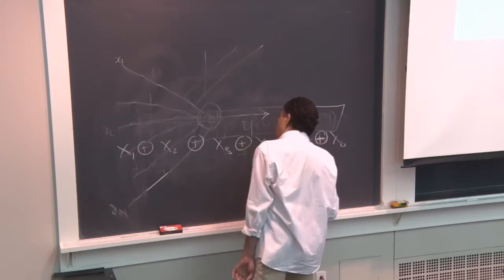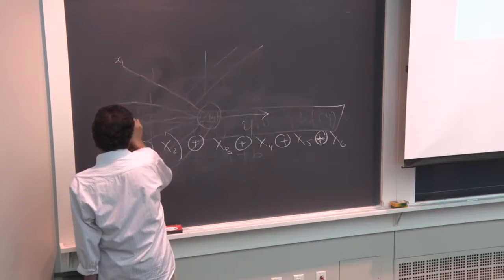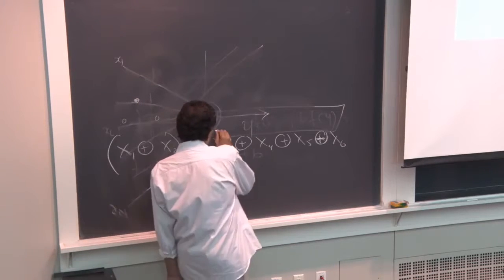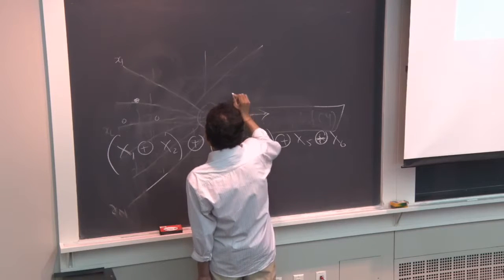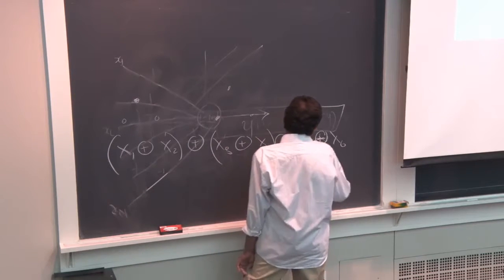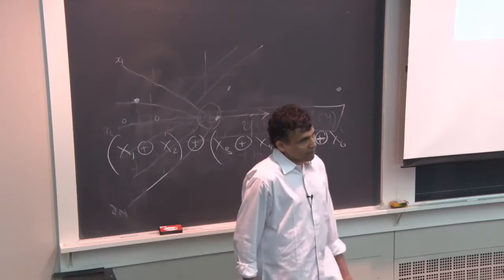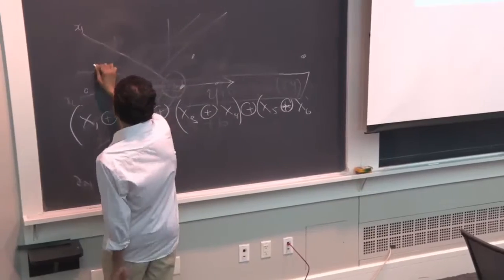what I can first do is to XOR these two guys, which is going to need 3 units, correct? Then I can XOR these two guys, which is going to need 3 units. And then at some point, let's say I had 2 more, each of them is going to need 3 units. Now, I have partial values out here.